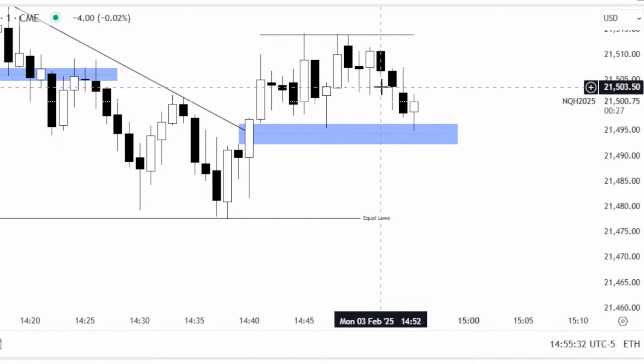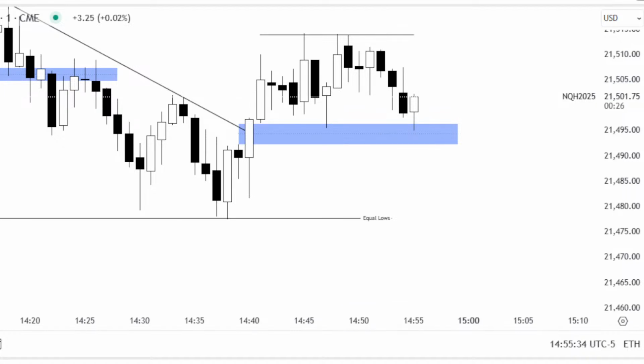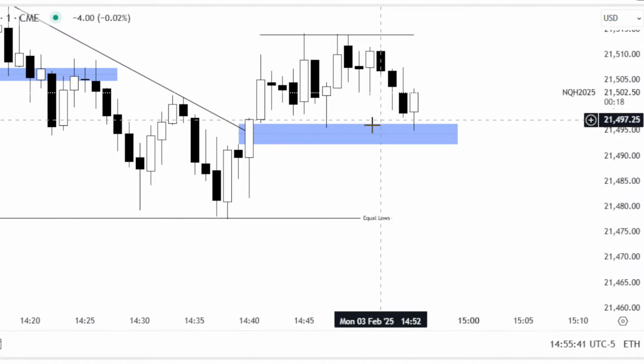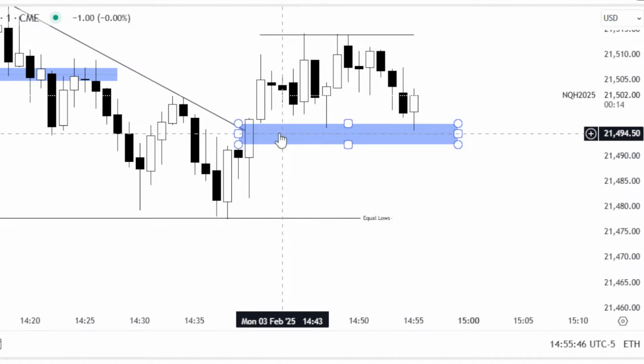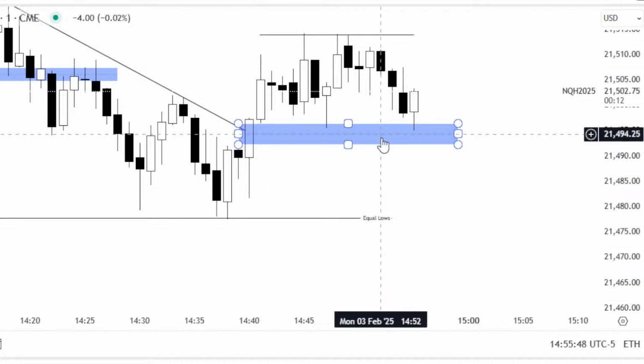The volume imbalance here. Let's see if it holds price. Again, the only thing that worries me is this.